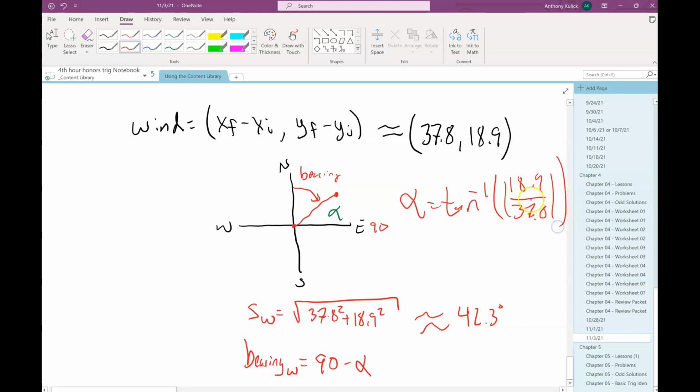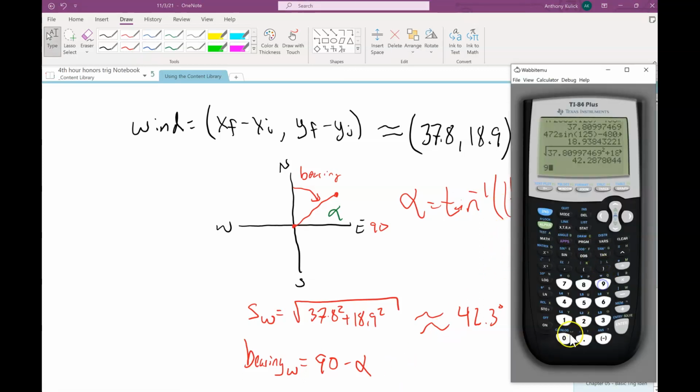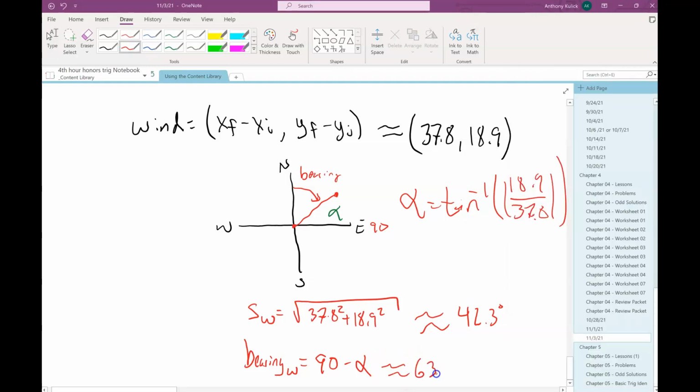And I should probably write those absolute values in there. I don't really need them on this one because they're both positive, but they don't hurt anything. So 63.4. So that wind is blowing 42 miles per hour at a bearing of 63.4 degrees.